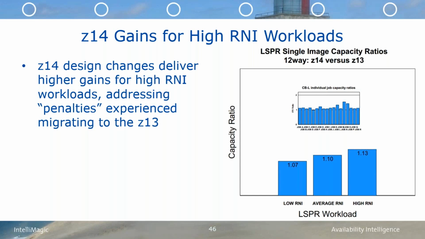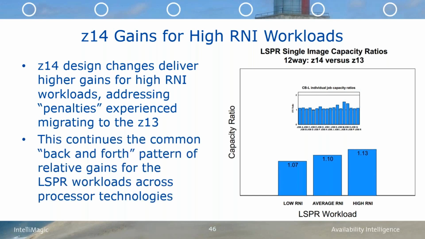But this was an even more positive result in this particular environment. And this continues the common pattern where workloads that had smaller gains with one processor generation often experience bigger improvements in the next generation, as design changes tend to focus on the challenges faced by the previously disadvantaged workloads.